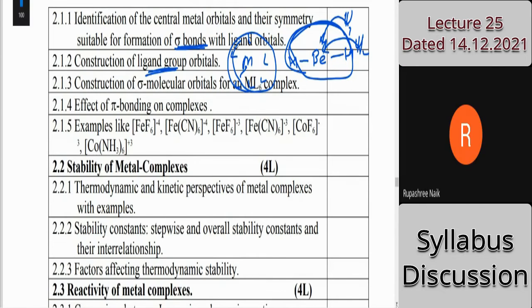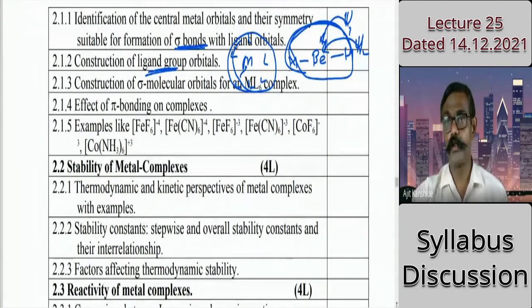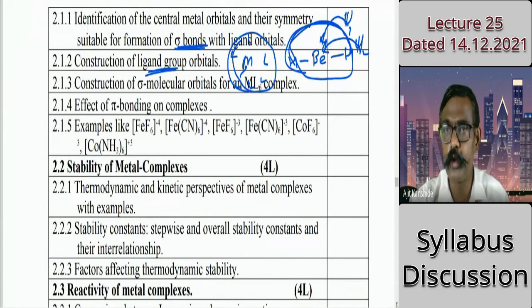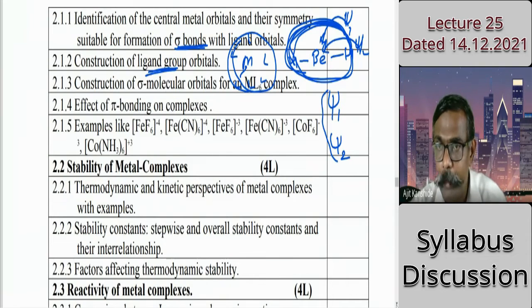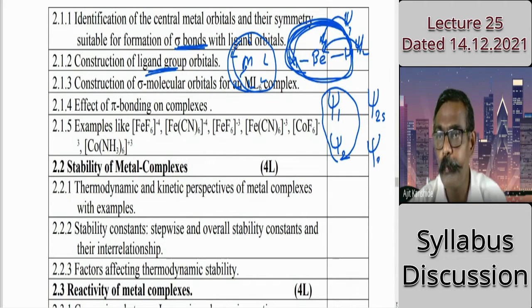Repeat, sir. Yes, sir. Last semester, you studied the BeH2 molecule, where I said these 2 peripheral hydrogens combine and form a group, and the group orbitals will be psi1 and psi2. These group orbitals combine with the wave functions of the 2s or 2p orbitals of the central atom.